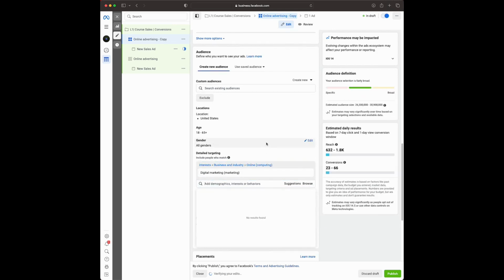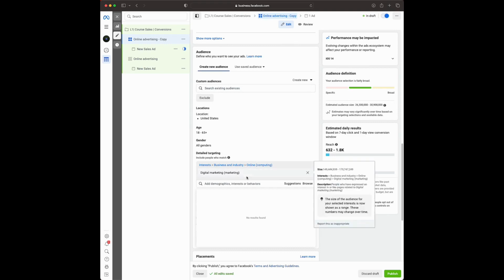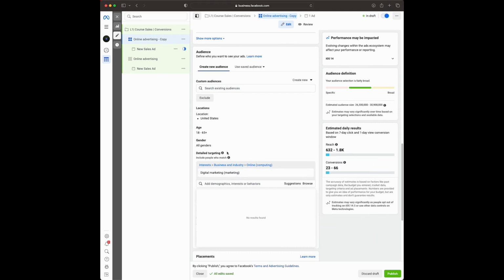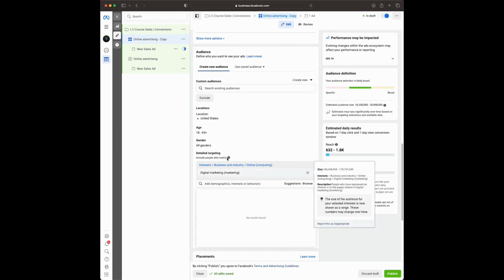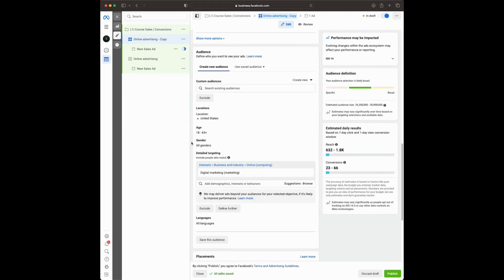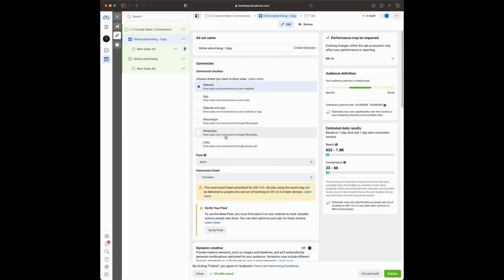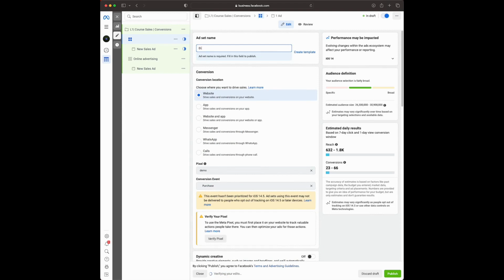Digital marketing isn't directly related to my product or my service, just like online advertising is, but digital marketing is still very closely related with Facebook ads and TikTok ads and just advertising online in general, right? So digital marketing is a perfect selection for layer number 2, something that is closely related to your product or your service. So now we're going to go up to this ad set and we're going to change this name to digital marketing.